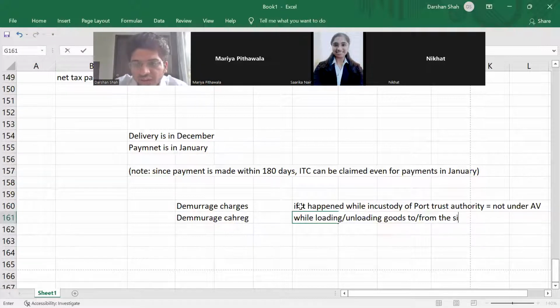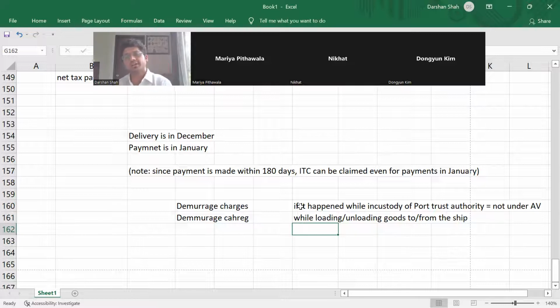Okay. Now see, if they have specifically mentioned this, demurrage charges while unloading the goods to the custom stations, will you take it or not? You'll take it? Yes, sir. Yes, we'll take it. Because like I said, any losses that happen up to the point of unloading, you will see who is at fault.